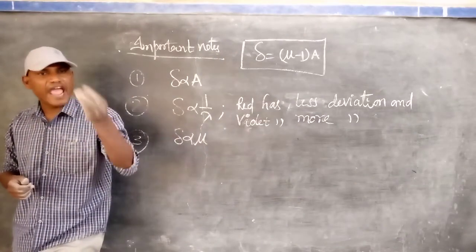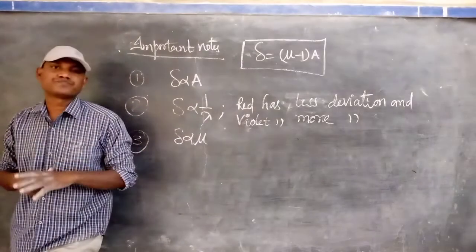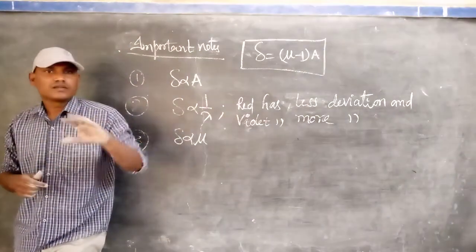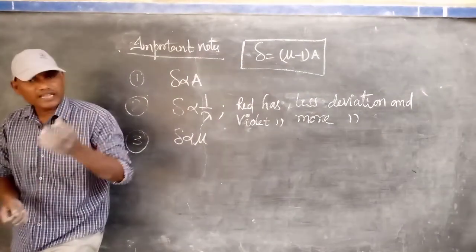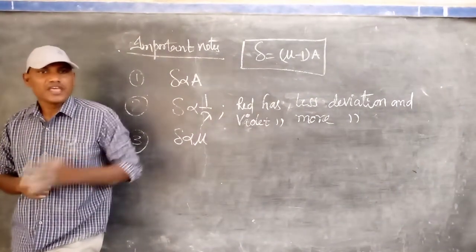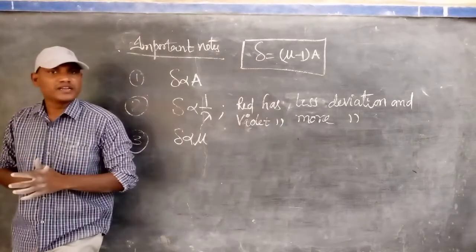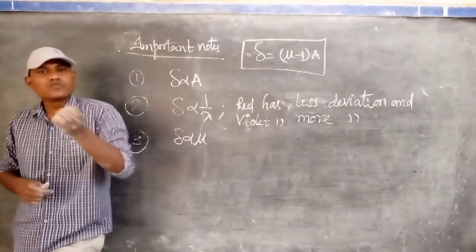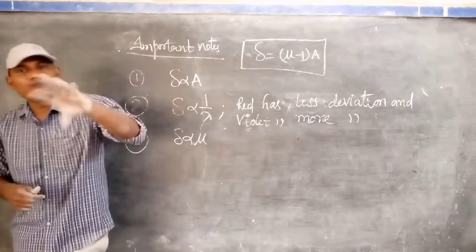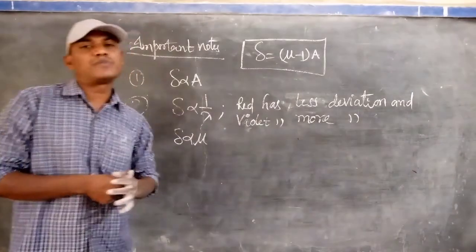What is the deviation angle produced by a prism for a small angle prism? And the second one, if the prism is placed in any liquid medium, what formulas do we use to find the angle of deviation produced by the prism?